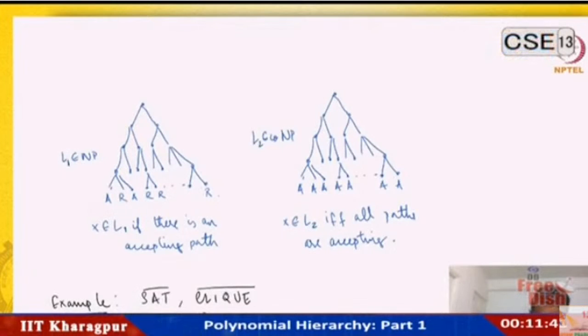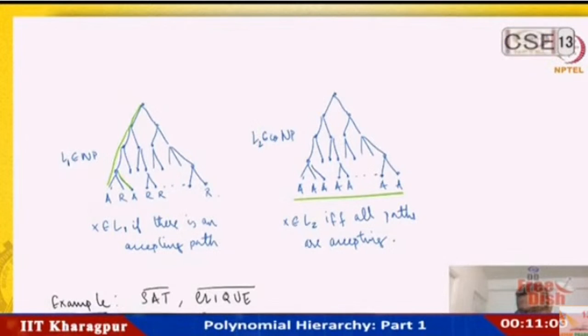A language is in NP if, to check whether some string x is in L1, it should have some accepting computation path. So there's one and there's another one, right? It has to have some accepting computation. Whereas if a language is in CoNP, then we want all the paths to be accepting, as is written here.